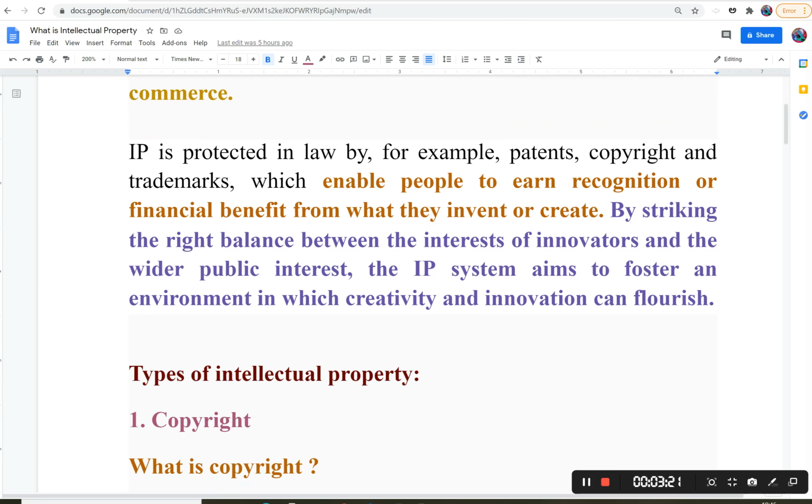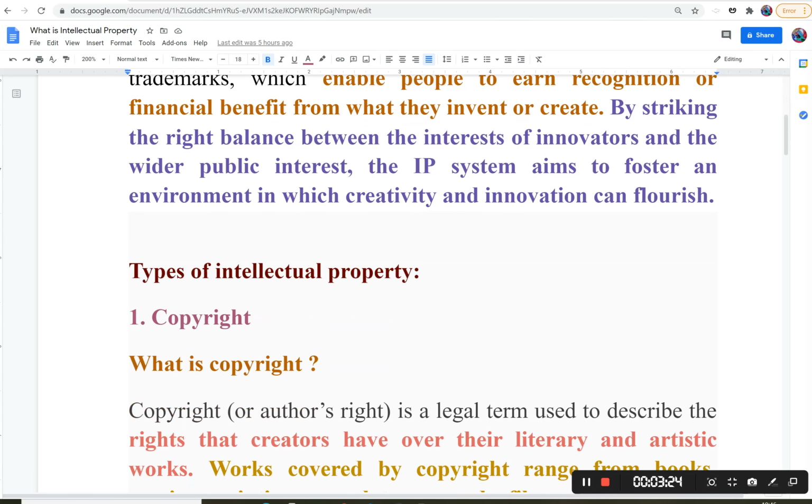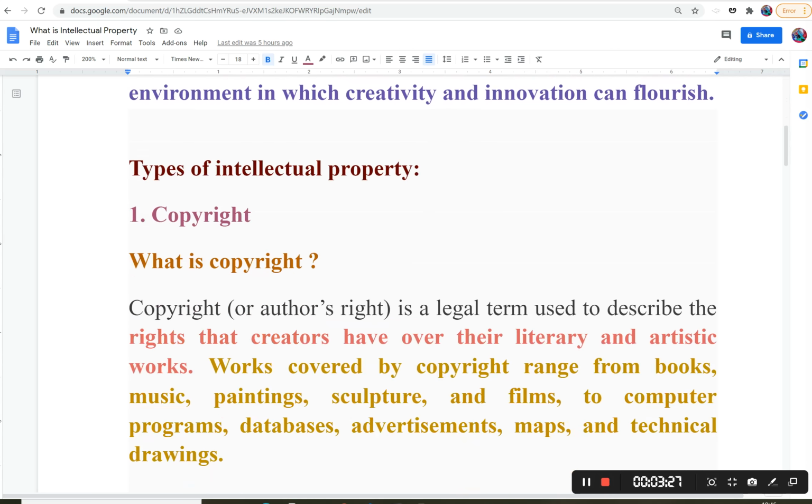Now let's move to the types of intellectual property. One type is copyright. What is a copyright? Copyright is a legal term used to describe the rights that creators have over their literary and artistic works. If a person creates a literary or artistic work, the rights which this person enjoys over that work are called copyright.